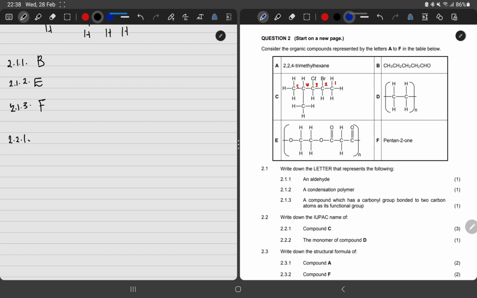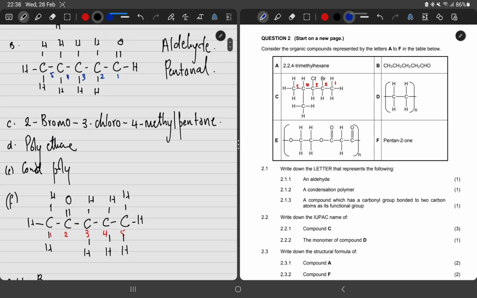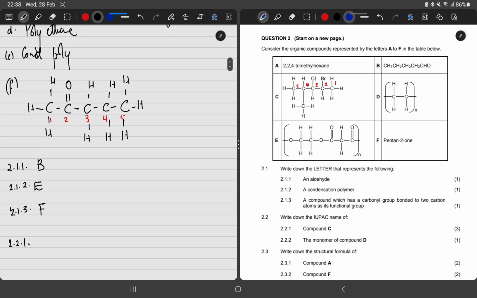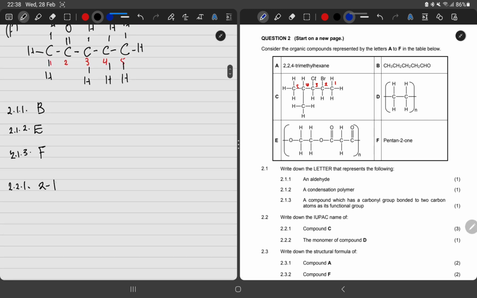2.2.1. They want the IUPAC name of compound C. It's already there. It's 2-bromo-3-chloro-4-methylpentane.